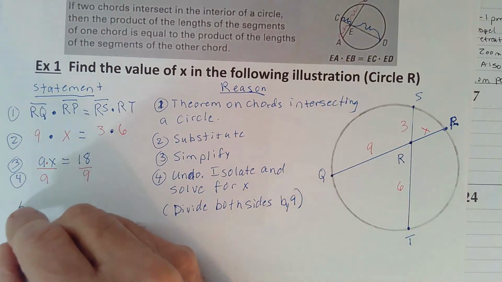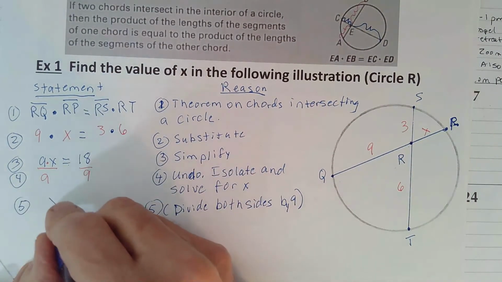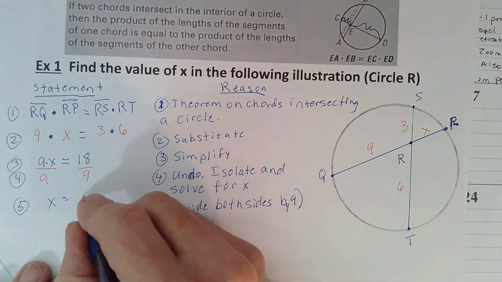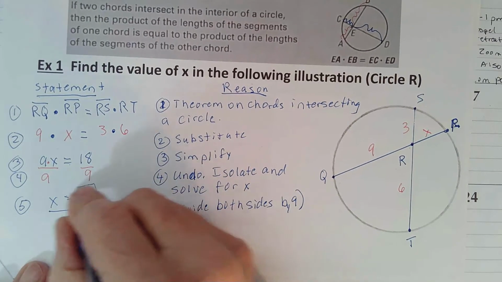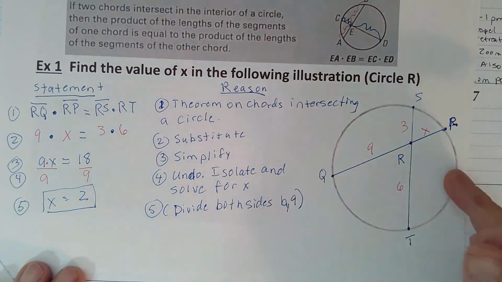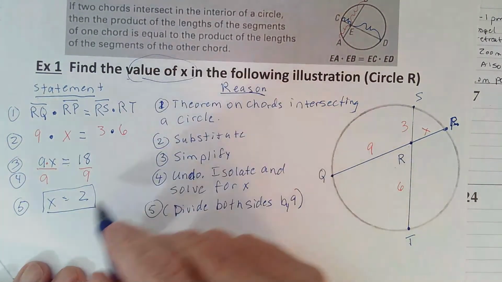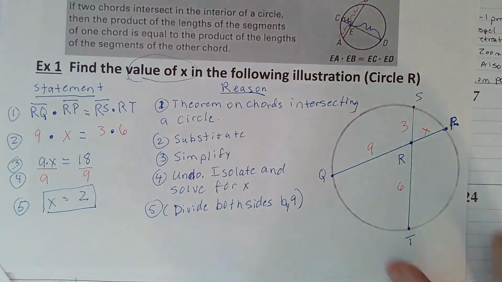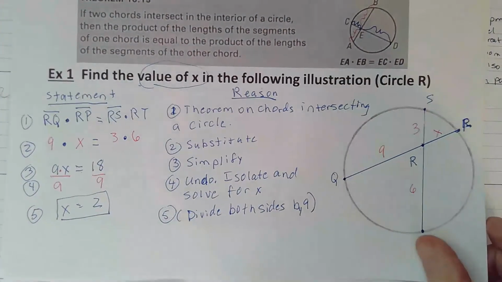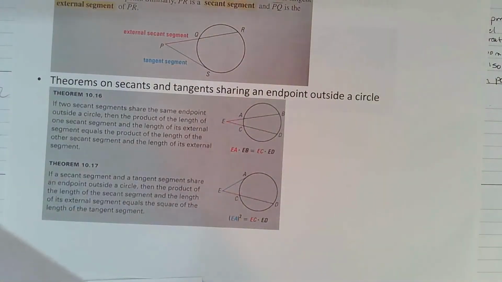So you end up with x equals 18 divided by 9, which is 2. So there you have it. You've solved for x, which was what you were looking for. X equals 2. All right, so that's finding the length of a line segment using chords that intersect inside a circle.